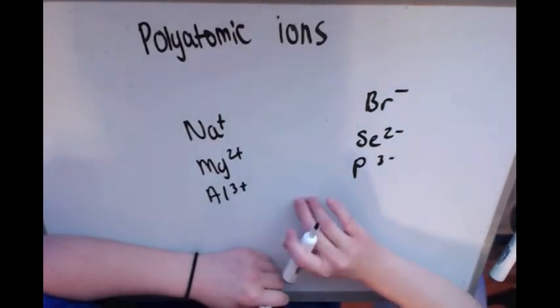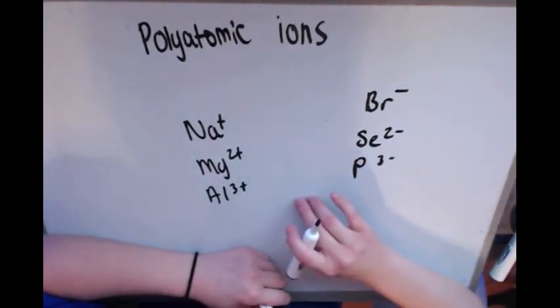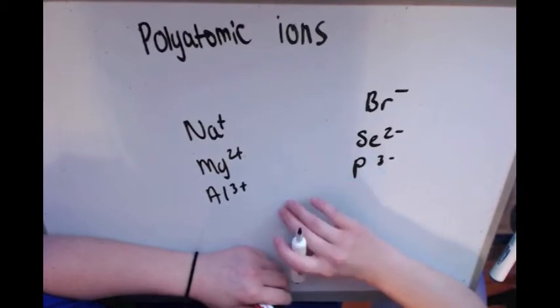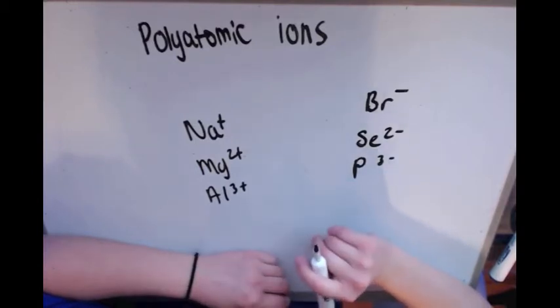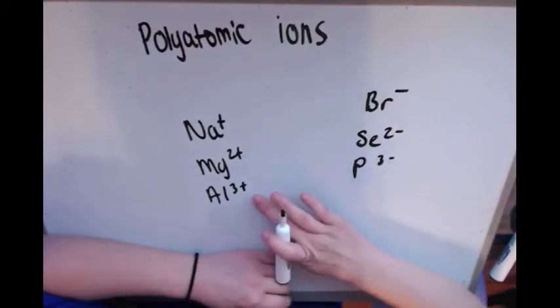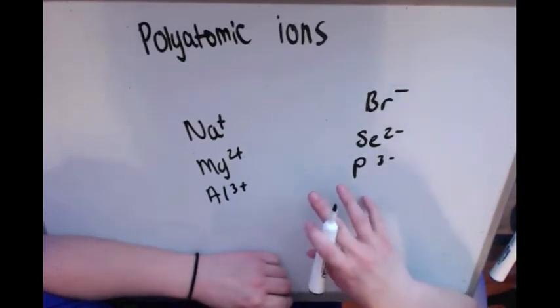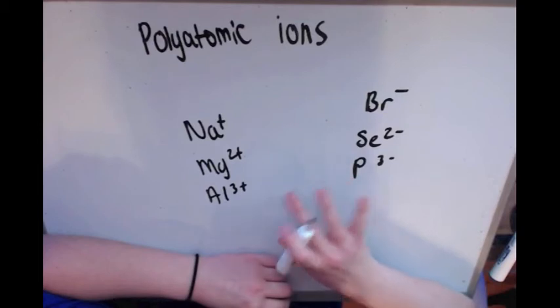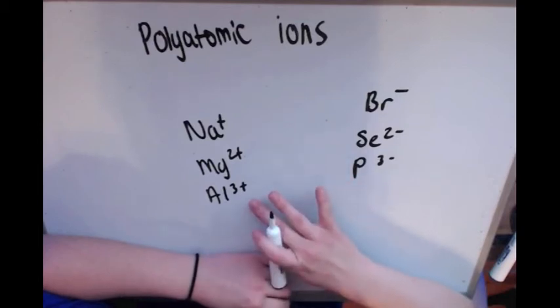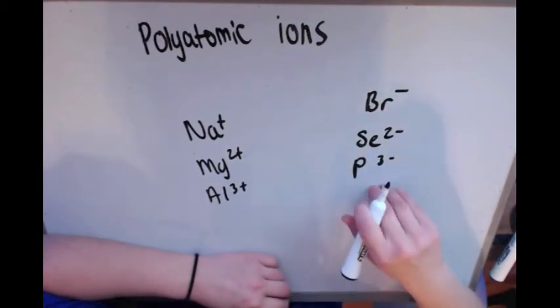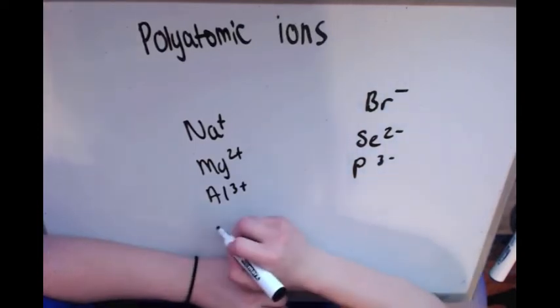And we call those ions. So ions are just charged atoms of a particular atom. You can have positive charges or negative charges. Left side, right side. Metal, nonmetal. Cations are the positively charged ions, and anions are the negatively charged.